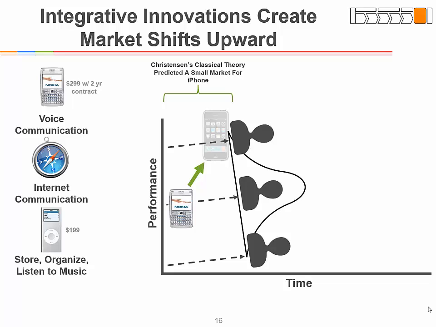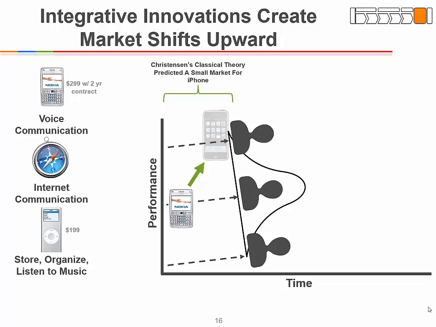But then there's obviously also voice communication, which in the Nokia's case, people would pay up to $200, $300 with a 2-year contract just for that one device, and essentially that one job to be done. Now it did other jobs, but it didn't do them very well.